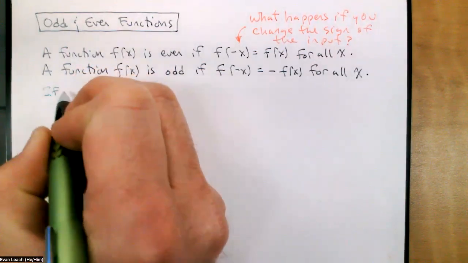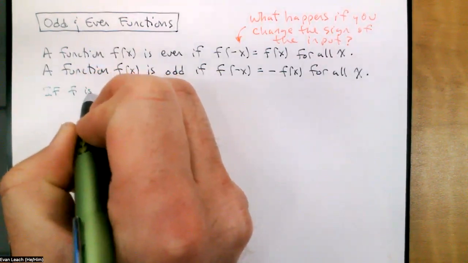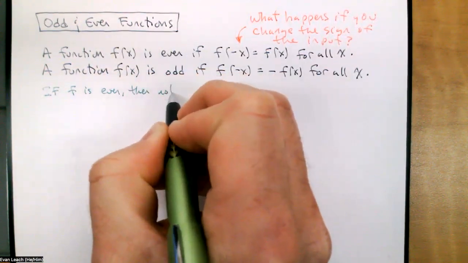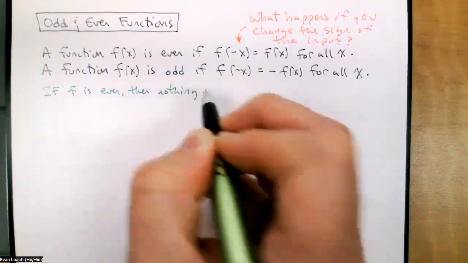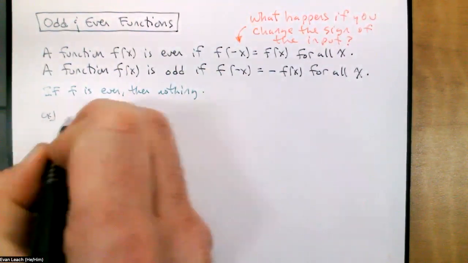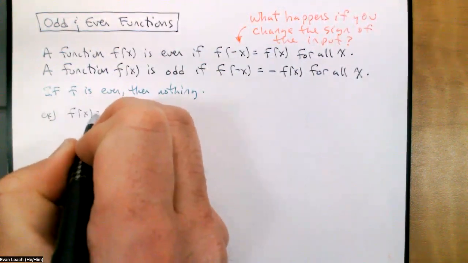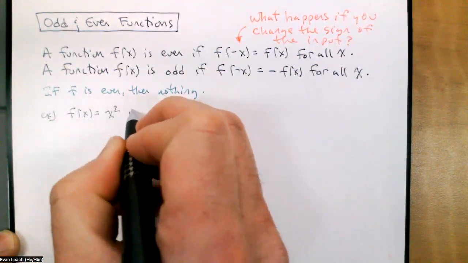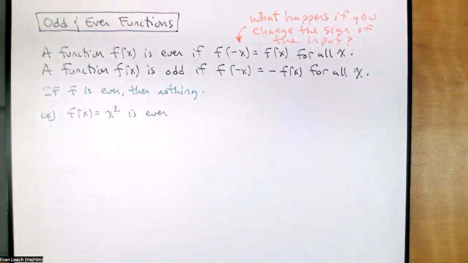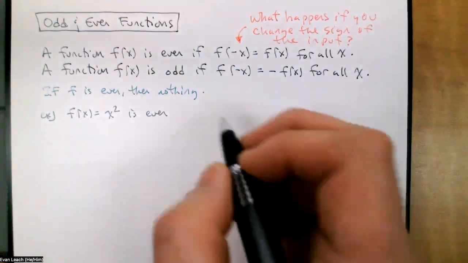If f is even, then nothing. So for example, f of x equals x squared is even. f of 2 is equal to 4, and f of negative 2 is also equal to 4.